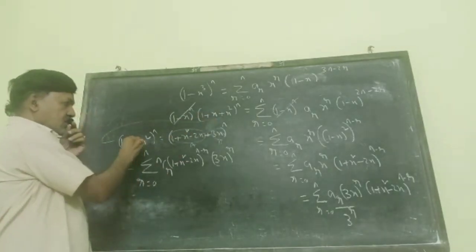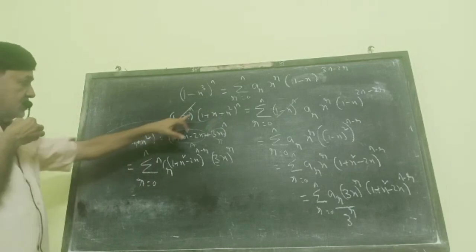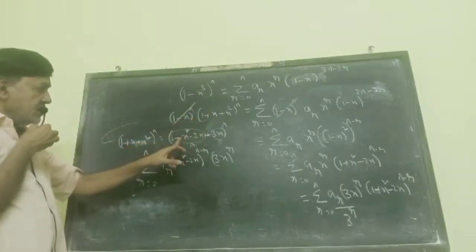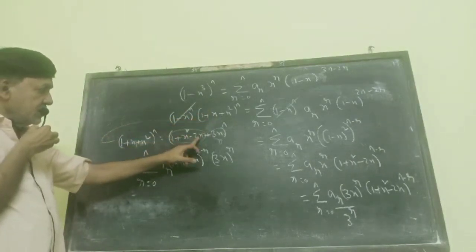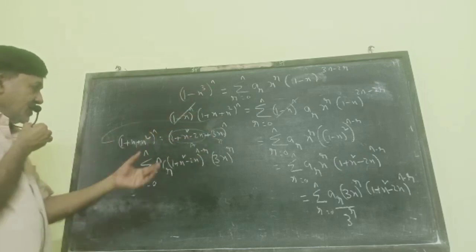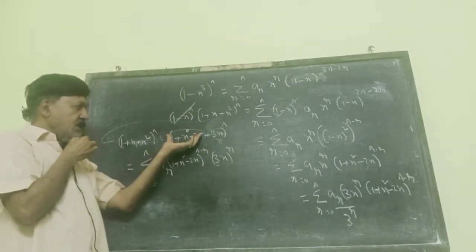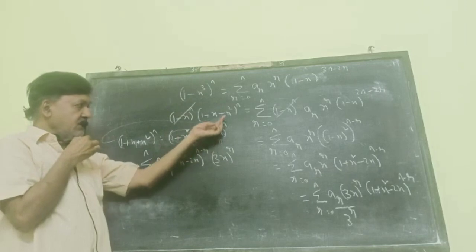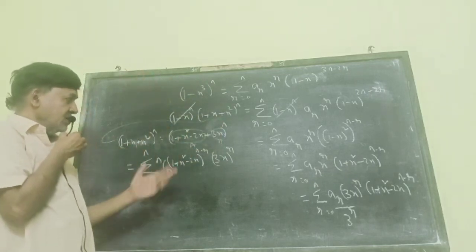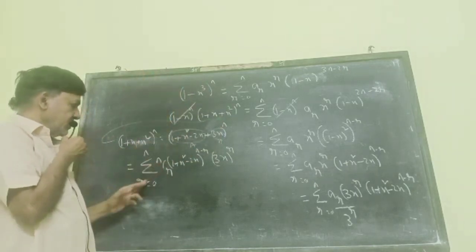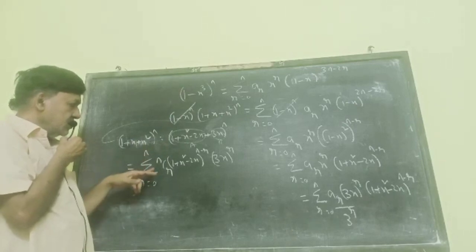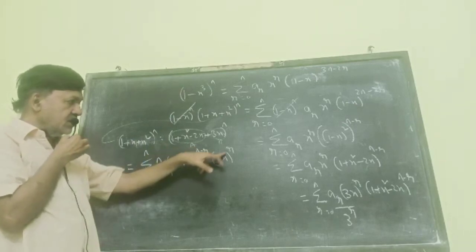This is equivalent to this. See, this 1 plus x square plus x can be written as 1 plus x square minus 2x plus 3x. This is just like a plus b whole power n expansion. A plus b whole power n expansion is what? Sigma r is equal to 0 to n nCr A power n minus r b power r.